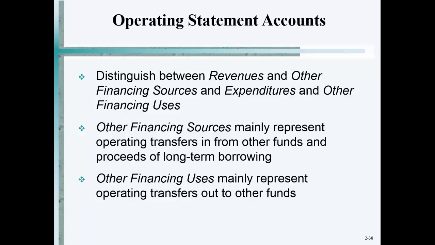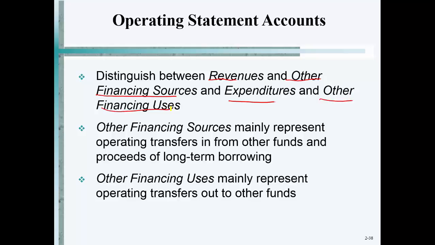Now, notice we have grouped the other financing source with the revenues, and that name should indicate to you that it is a resource inflow, isn't it? It's a resource inflow because we've grouped it with the revenues. We take our expenditures and we put them with our other financing uses.